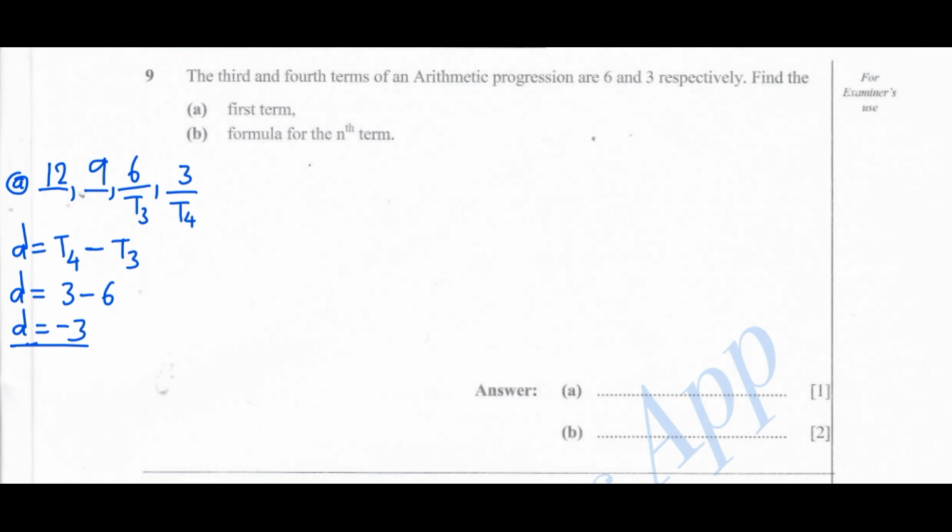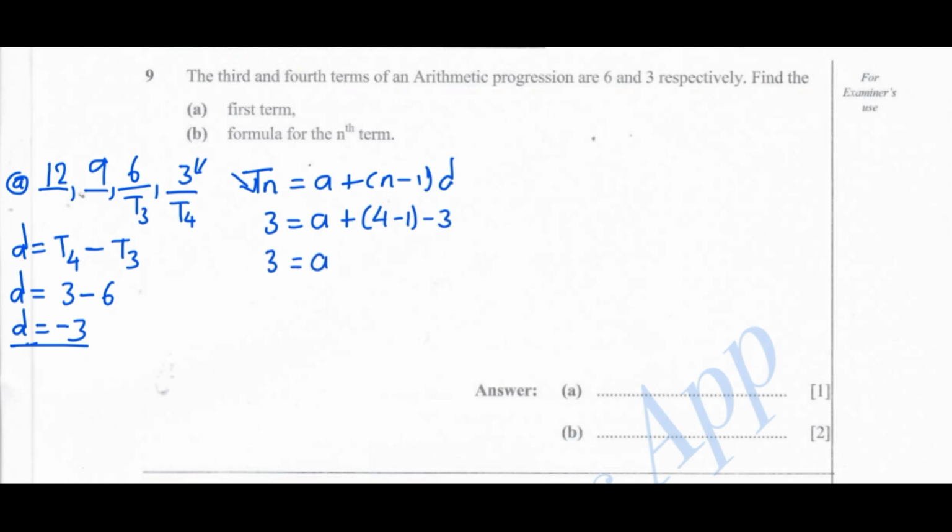If we want, we can also find the same answer by using the nth term formula. We know that Tn is equal to a plus n minus 1, then multiplied by our common difference. Where there is Tn, we put the last number, which is 3. A is what we are solving for, plus n: there are 4 terms, so it's 4 minus 1 multiplied by negative 3.